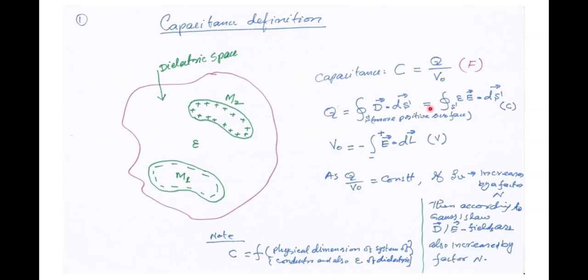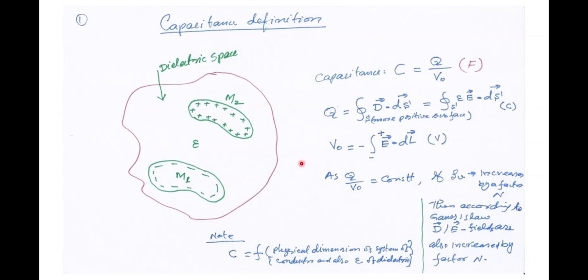So we know that the constant ratio between charge and potential is capacitance. The unit of capacitance is farad. According to Gauss's law, we can obtain the total charge residing on any conducting material, or we evaluate the surface integration over a closed surface in order to obtain the total charge residing on that metallic structure.